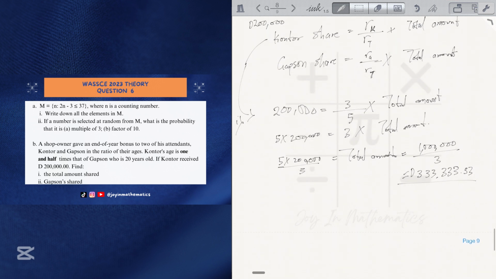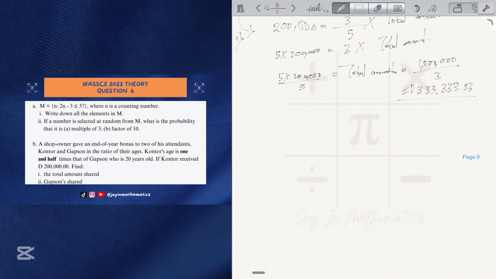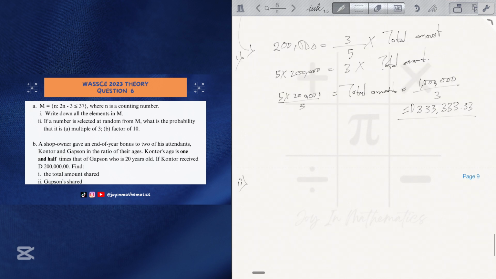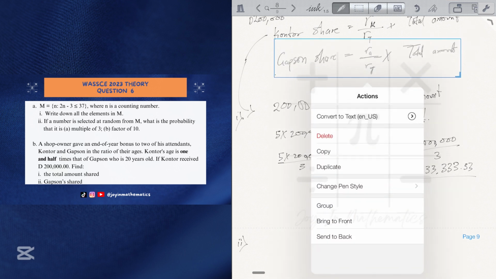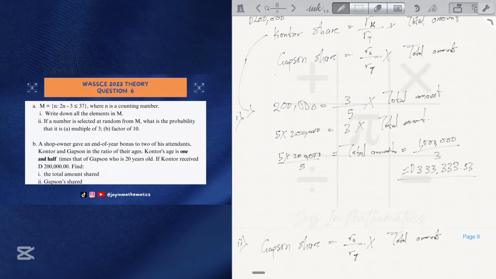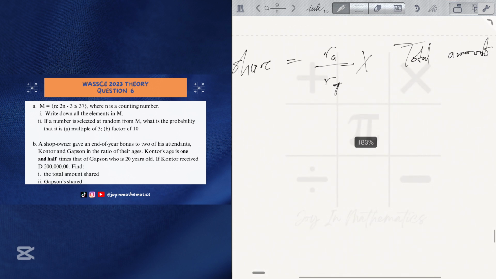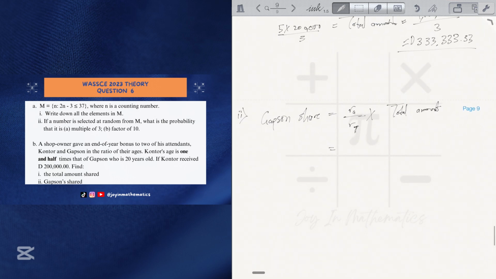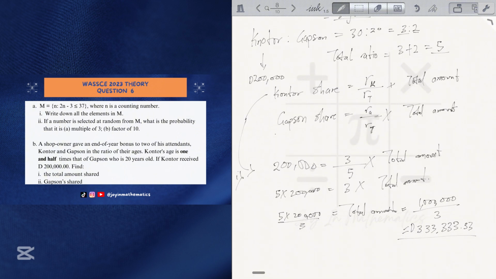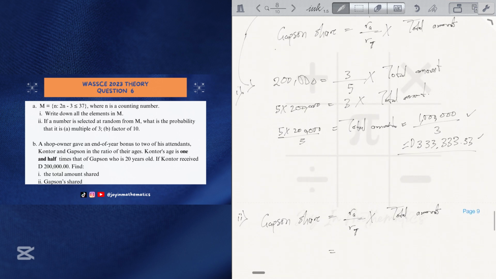Now the second question says find Gapson's share. So that's the second equation. We can see now that Gapson's share is equal to the ratio of Gapson divided by the total ratio multiplied by the total amount. So the ratio of Gapson, as we can see in this expression, is 2, and the total ratio is 5, and the total amount is this, or we can use this expression.